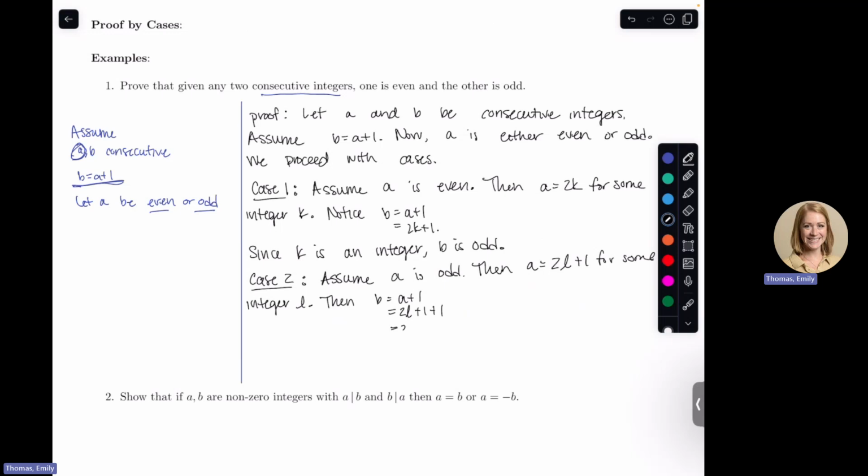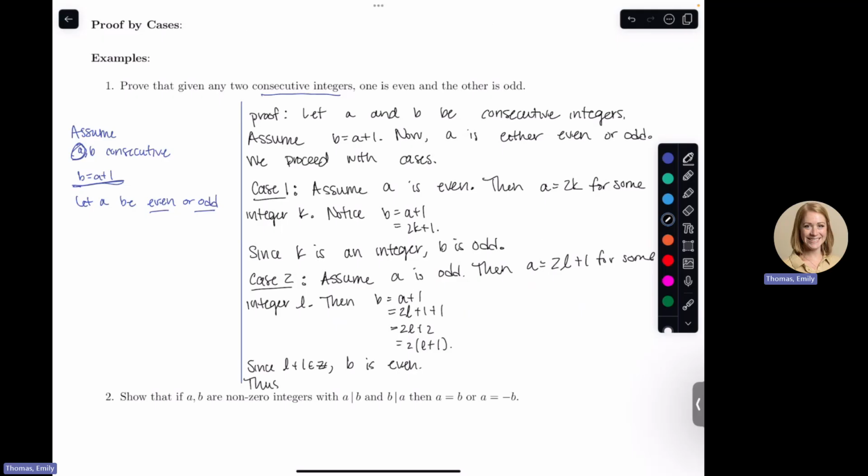So this is 2L plus 2. So we're going at 2 times L plus 1. Oops, I'm running out of space here. Since L plus 1 is an integer, B is even.